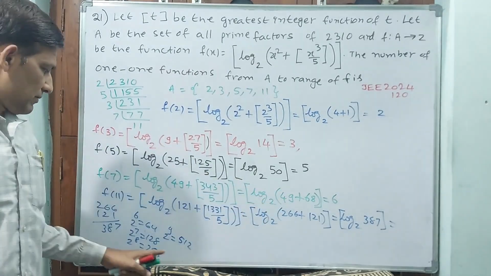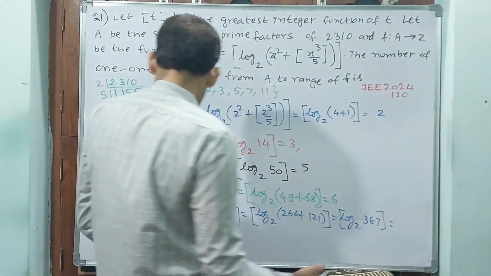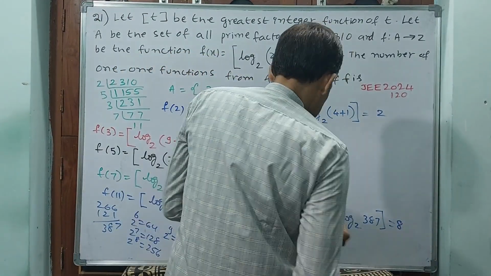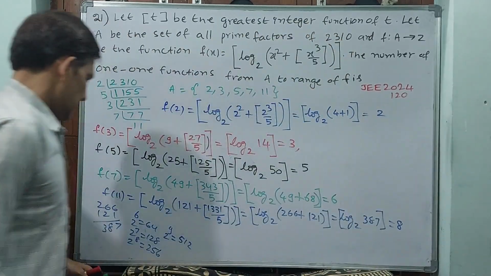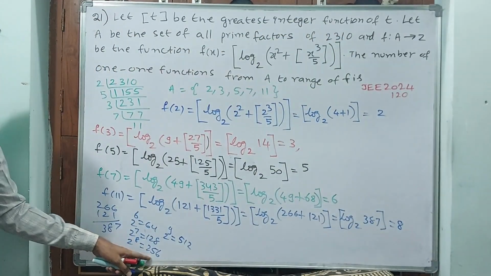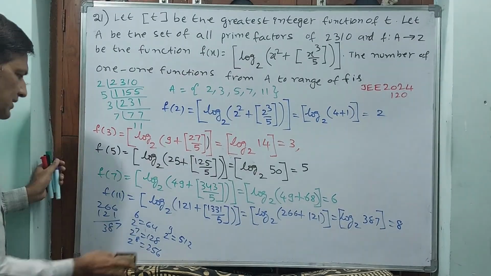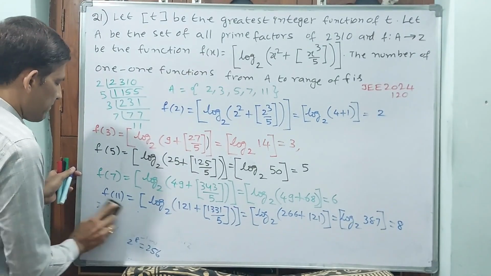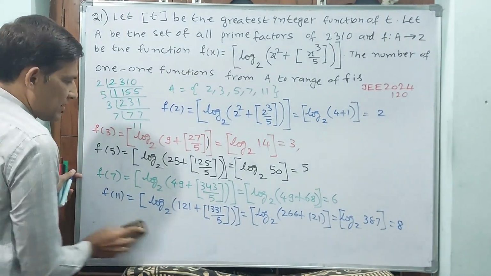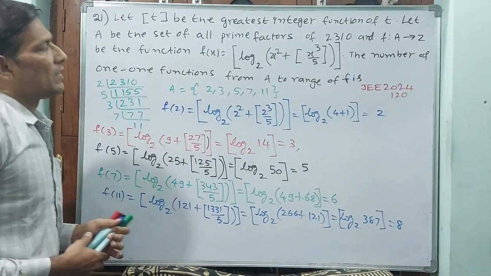Less than 512. Then you take 8 only. Why? Because 2 power 8 is 256, but greatest integer, you have to take exactly an integer. Okay, now come back.